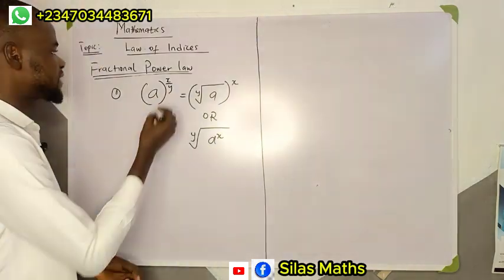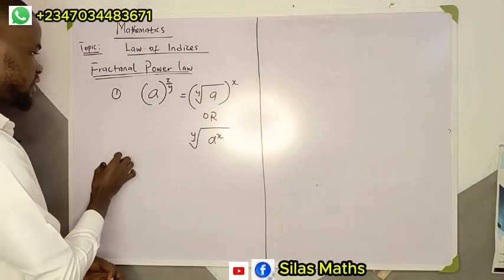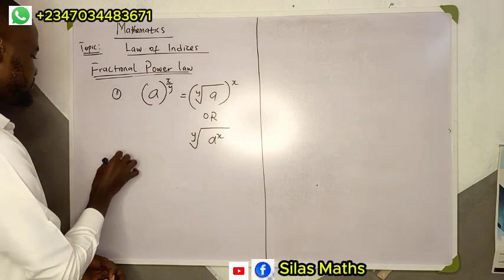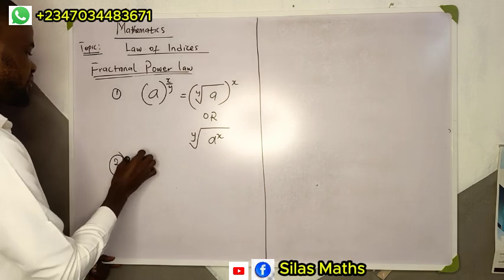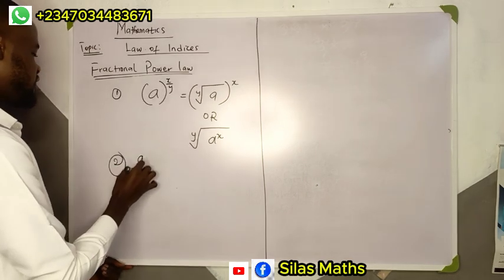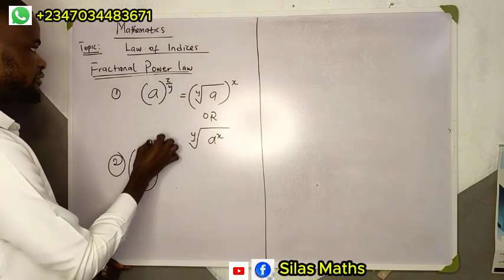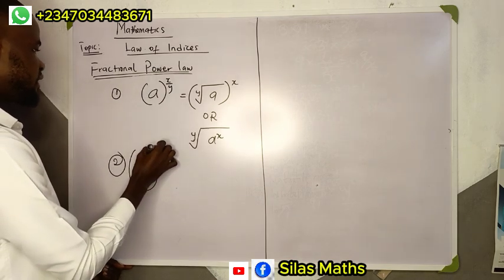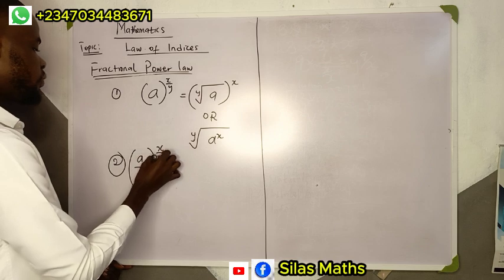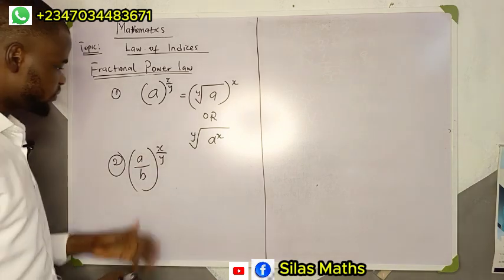The same thing applies to a fraction. Let's consider the second one. Let's say we have a fraction a over b all to the power of a fraction x over y. What would that be? The same thing as what we have here.